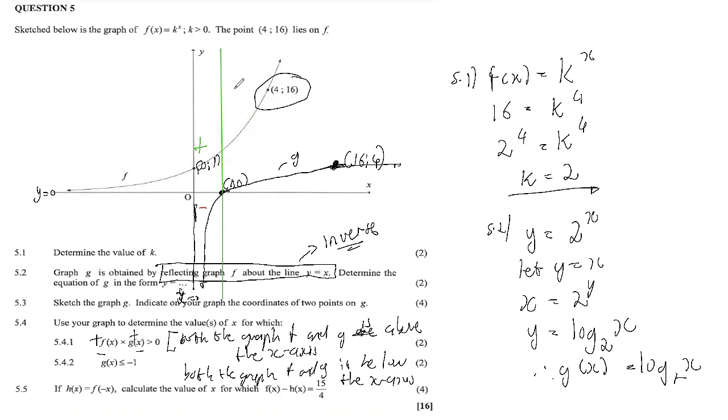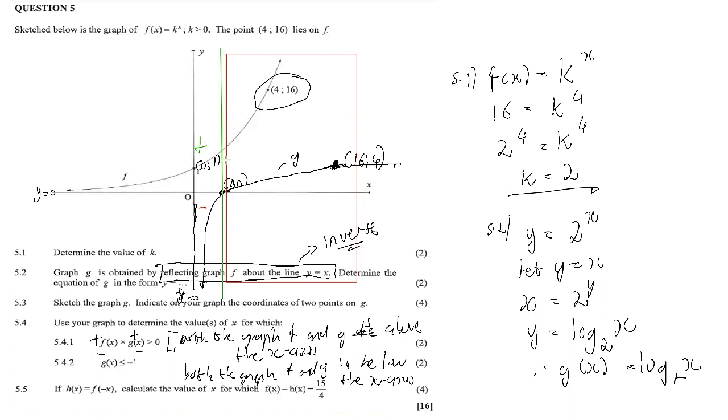Now let's go and look at the other part here. So let me highlight here. So let's look at this part here. Now, nice. Look at what is happening here. We can see that the graph of g is above the x-axis, and also the graph of f is above the x-axis.